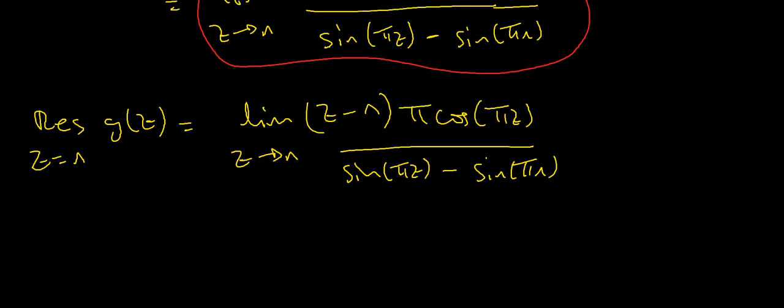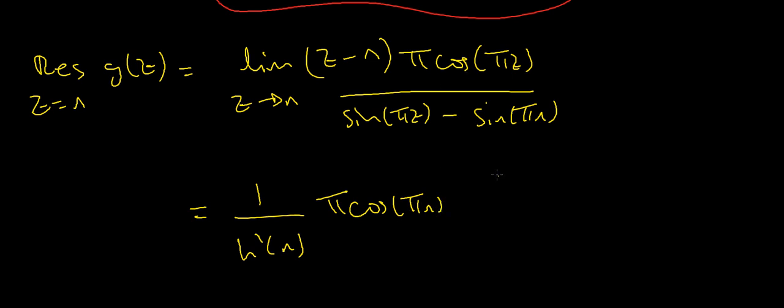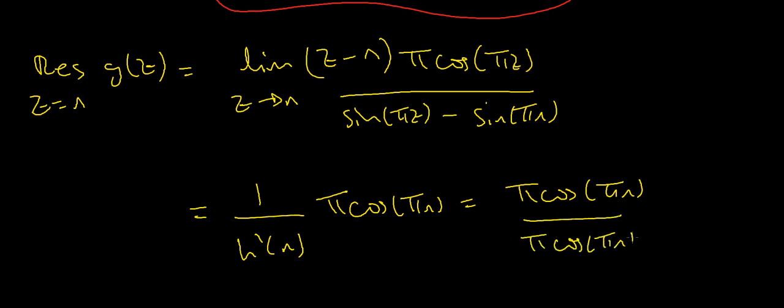So by the algebra of limits I can just multiply those limits together, and that's going to give me 1 over h prime of n times pi cosine pi n. That's pi cosine pi n, but h prime of n was also pi cosine pi n. So I've got this divided by this, two equal expressions, and the quotient of that is just going to be equal to 1. So in other words, the residue of the function g at each of the integers is always going to be 1, and that's going to be a very important fact.